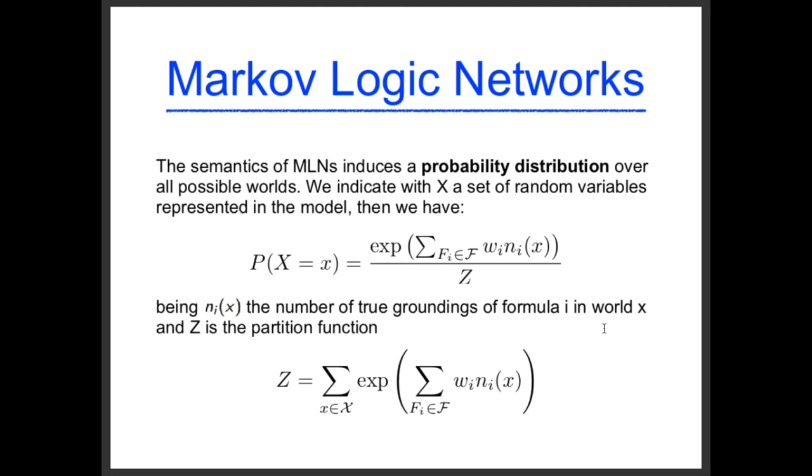Basically, the probability of a world is higher, all other things being equal, where the weight is higher, and also where the number of groundings is higher, fixing the weight. These are the two crucial ingredients.